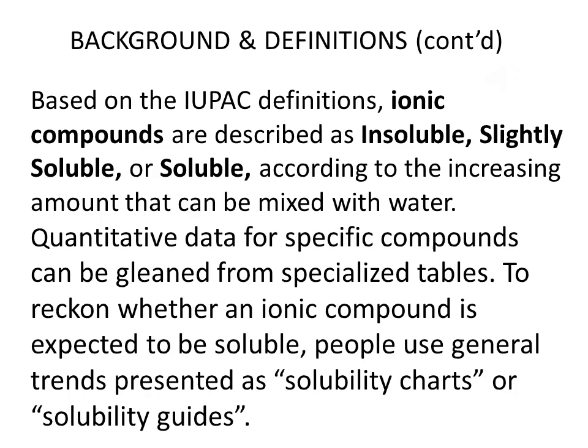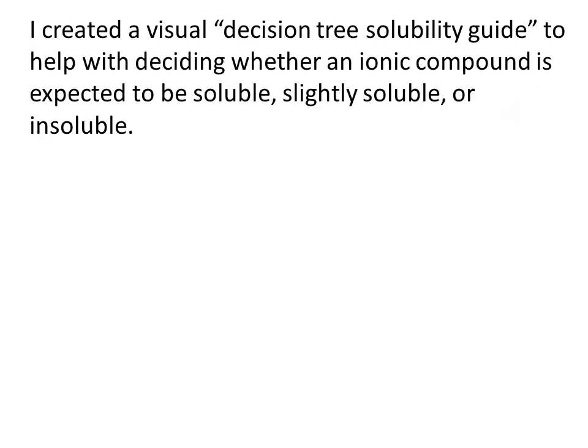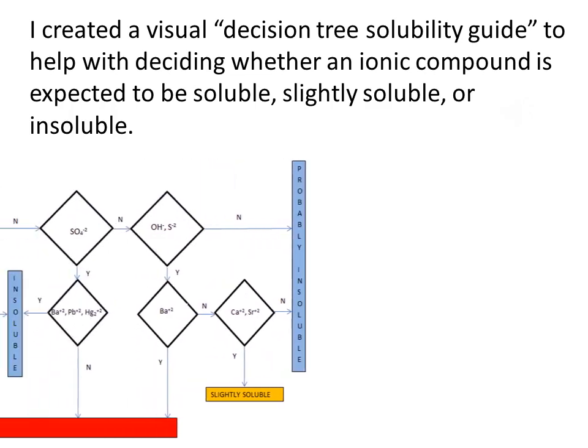To reckon whether an ionic compound is expected to be soluble, people use general trends presented as solubility charts or solubility guides. Along these lines, I created a visual decision tree solubility guide to help with deciding whether an ionic compound is expected to be soluble, slightly soluble, or insoluble.